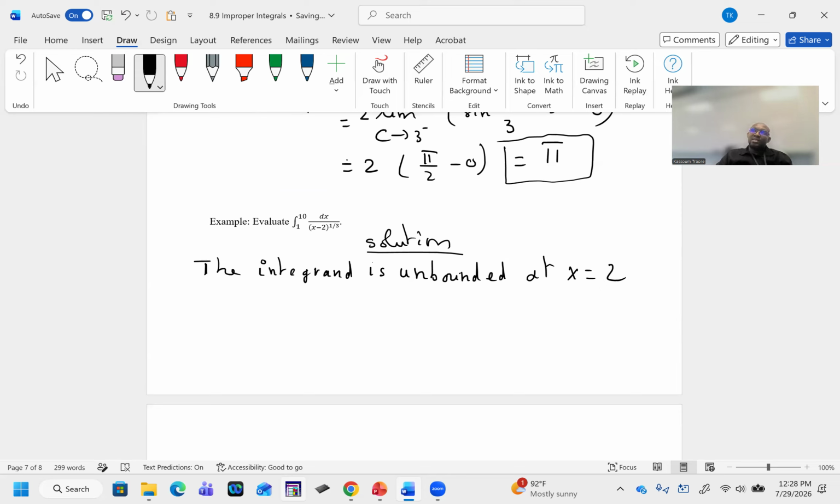So we split the interval into 2 subintervals and evaluate an improper integral on each.